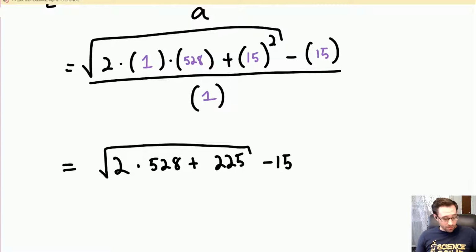Okay, so this is easy enough to put into a calculator. So we've got square root of 2 times 528 plus 225. And then outside of that, minus 15.